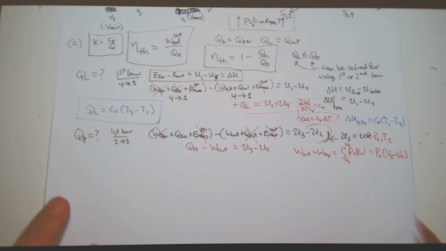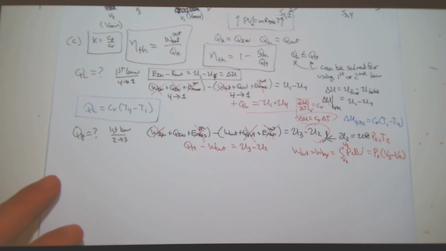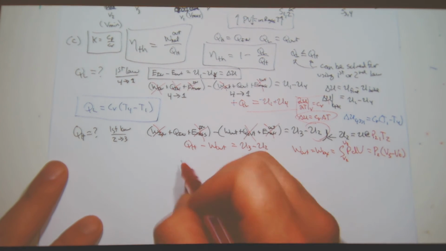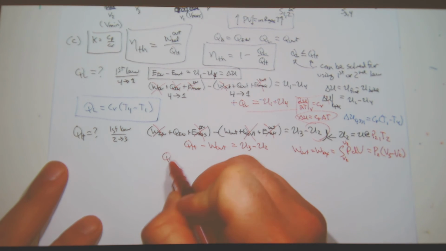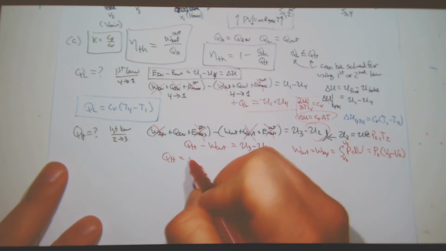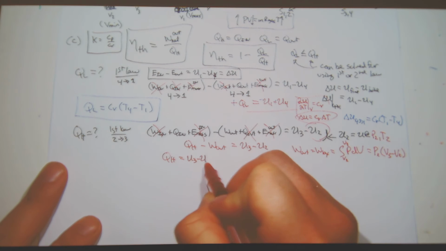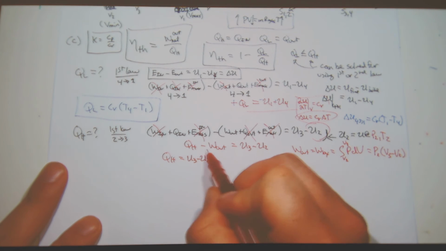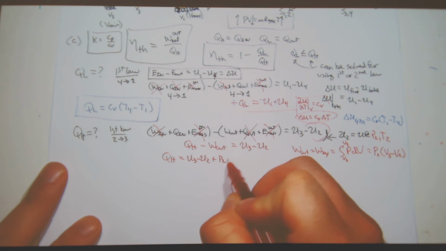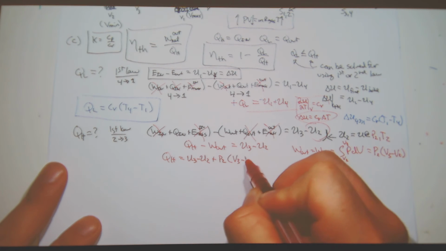Right? So when I do this, I can rewrite this. I got QH is equal to U3 minus U2 plus P2 times V3 minus V2.